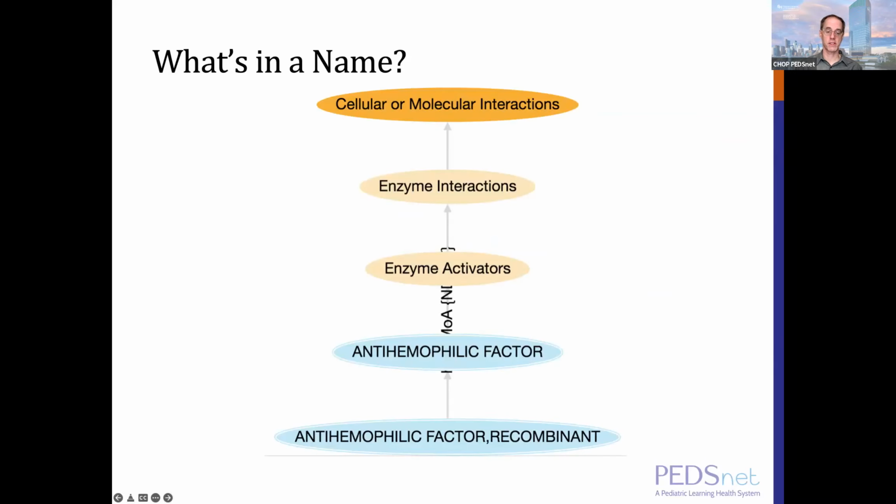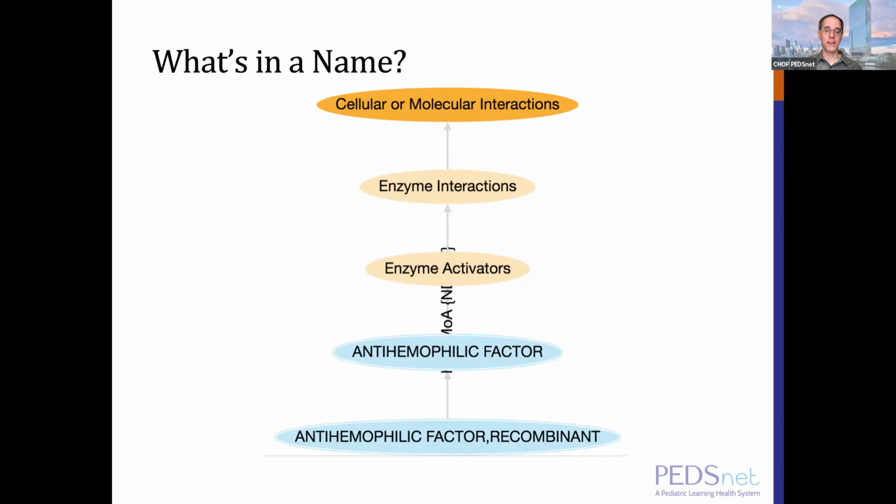Here, for instance, you can start with recombinant antihemophilic factor if that's what you want to study. But really, if you want to study treatments for hemophilia A, what you want to look at is antihemophilic factor, and the terminology will make that connection for you. It then continues to roll it up through different drug classes or different drug functions. Here's an axis that is looking at biologic function.